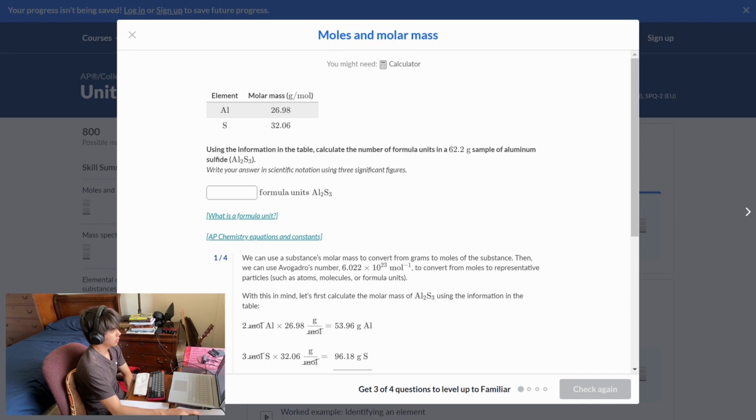That's a big number. Why is chemistry gross? I never said that. A smaller calculator. There we go. Okay, 62.2 divided by 150.14.